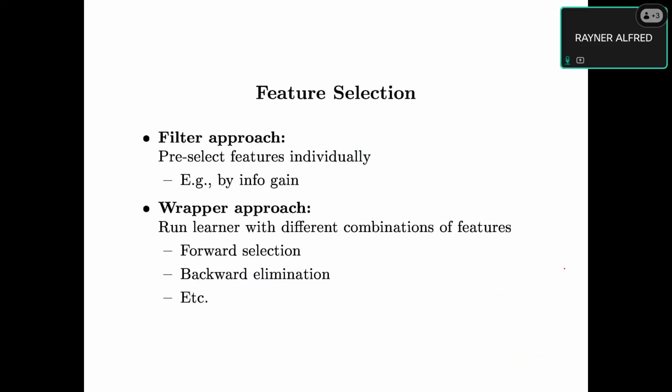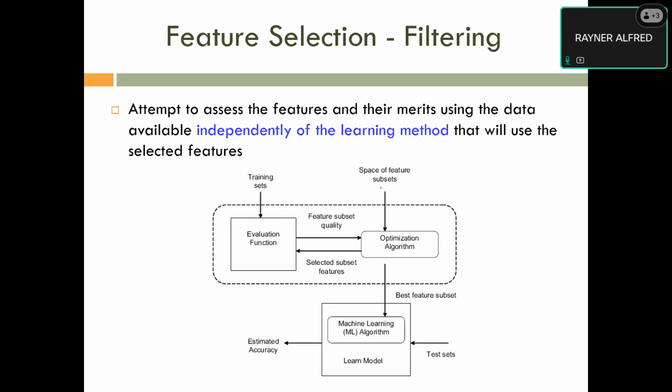Let me show you here. So this is filtering. What happens when we look at the result that we have? This is your space of feature subsets. You want to do the selection of the features, so you select the features and try to do the training and testing here.